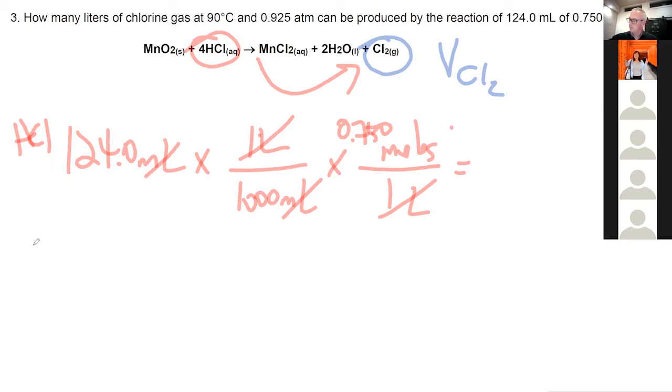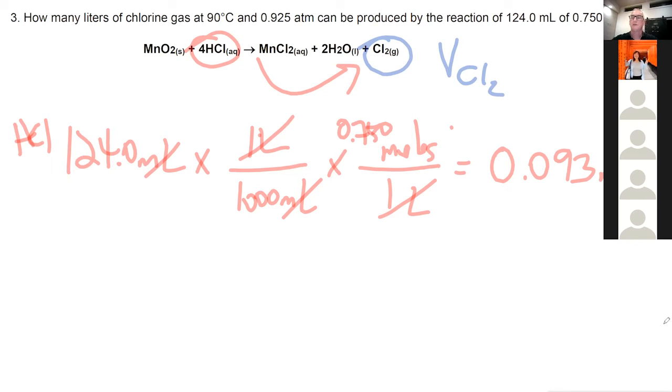0.093. Remember, I get cranky when I see a .093 without a leading zero. The reason for that is it's really easy to make a mistake when you have just a decimal there. It can be mistaken for something else. So always have a zero before the decimal.